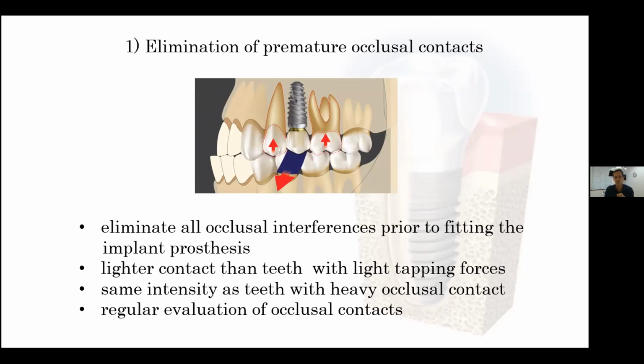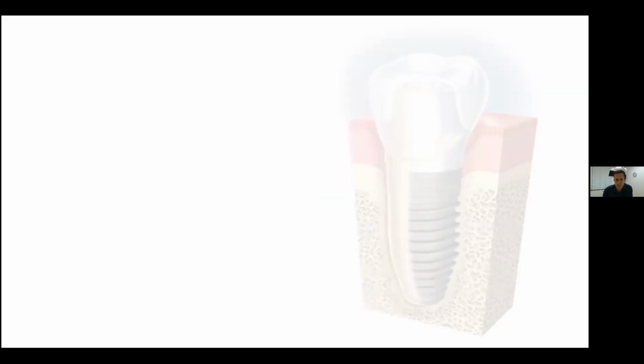I suggest that all of our hygienists are instructed every single time that they see our patients for oral hygiene maintenance to check the occlusion. They need to see whether there is now suddenly occlusal overload on those implant restorations. In fact, they can be in charge of minor equilibration of those occlusal contacts to make sure that we maintain these occlusal contacts for the long run.